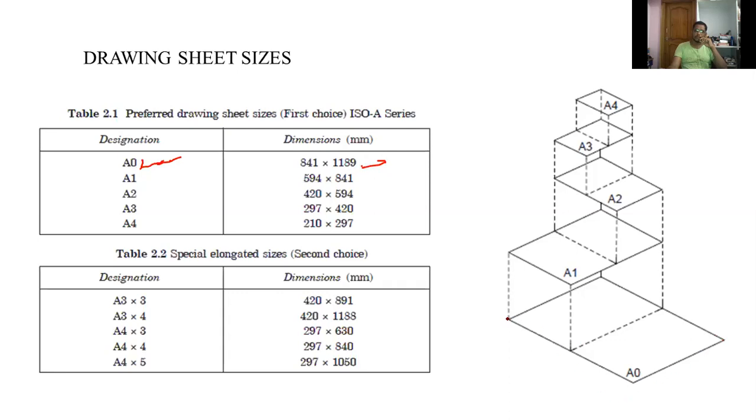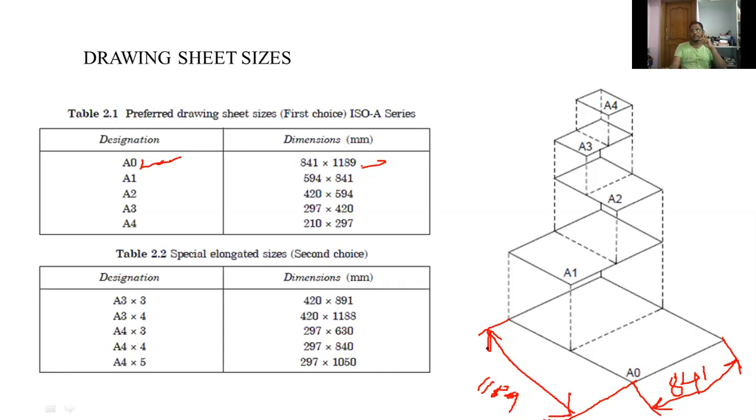Here from here to here the size is 1189 mm, and from here to here the length is 841 mm.